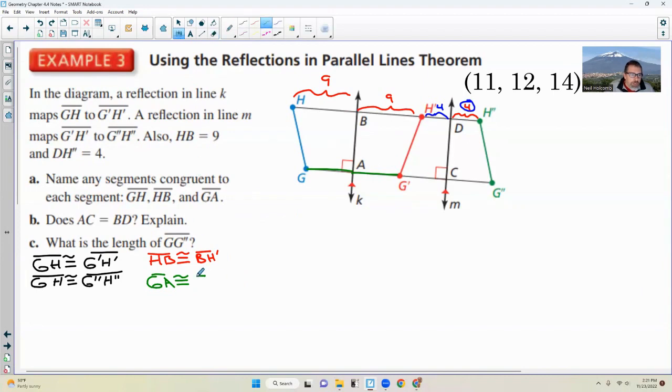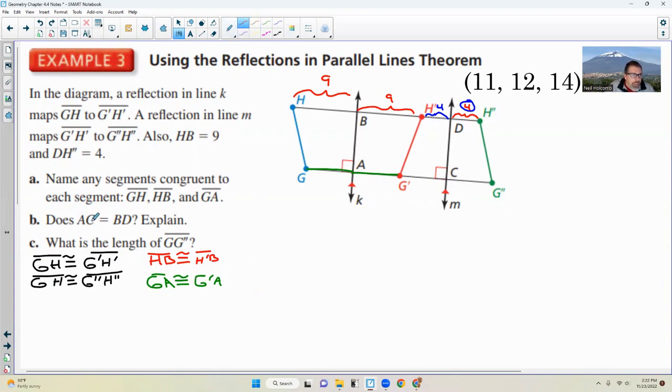So this really should be G prime A. And this also should be in the right order because H corresponds to H prime. I should say H prime first. So H prime B. Okay, that's better. So that's A.